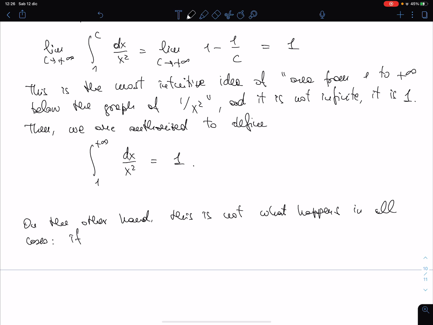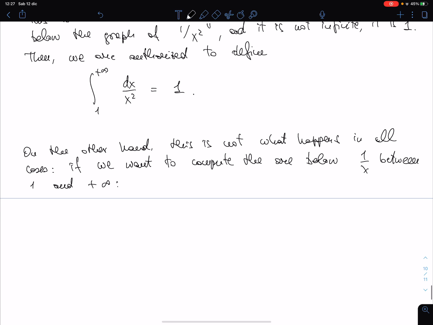If we want to compute the area below the hyperbola 1 over x between 1 and plus infinity, we can do as before.